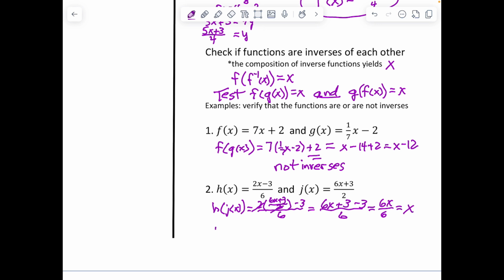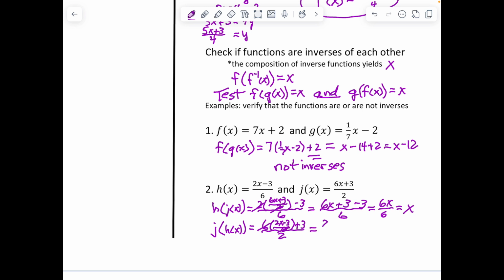Let's now try j of h of x. Got to try both just in case. So in doing this, what we do is we go ahead and take the j of x, and we're going to take out the x and put in a parentheses. And in the parentheses, we will put the 2x minus 3 over 6. The 6's cancel.